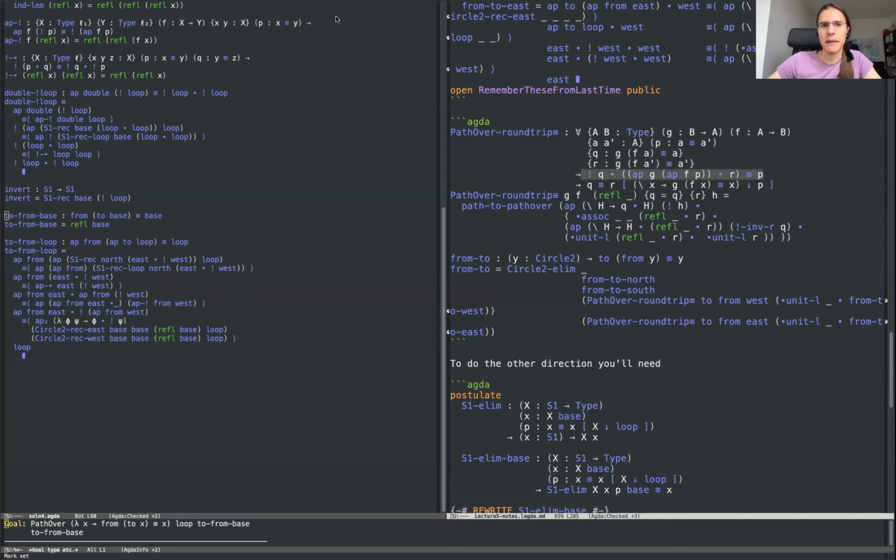And so this looks a bit confusing. So let's see what this looks like.